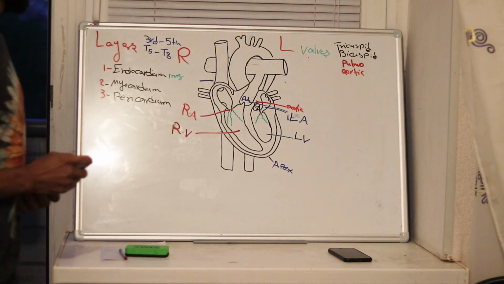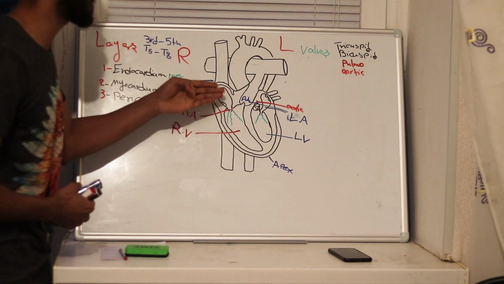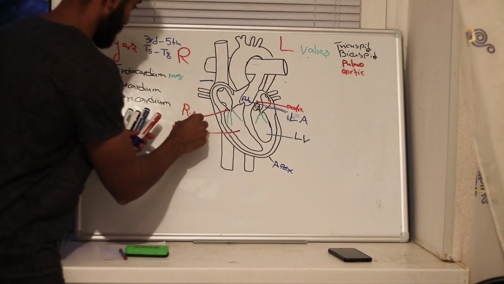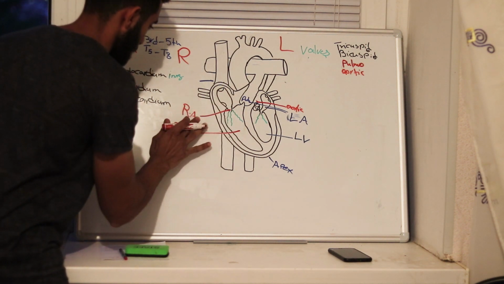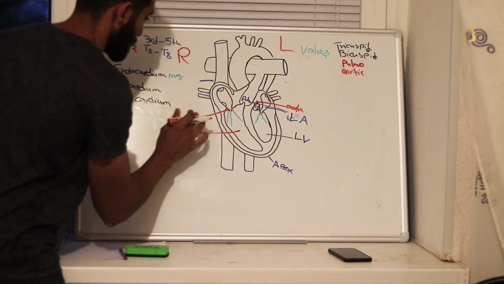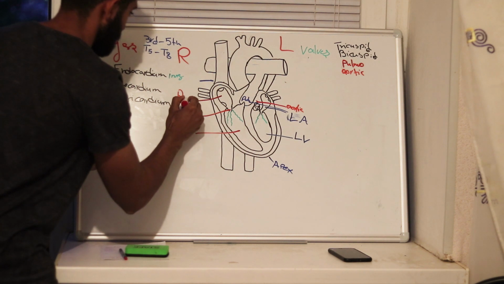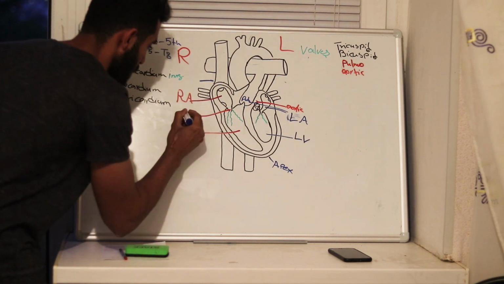These are the valves. Between the right atrium and the right ventricle, we have the tricuspid valve. Let's point exactly to the right atrium, which is exactly here. Do not be confused with that. It's here, the right atrium, and here we have the tricuspid valve.